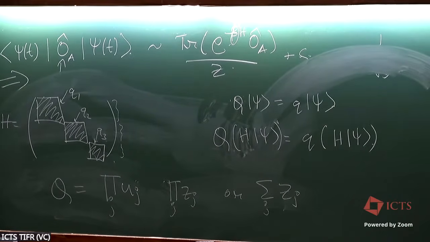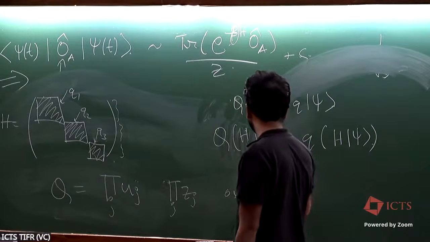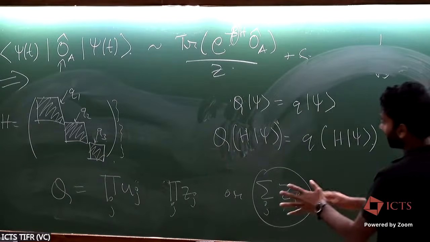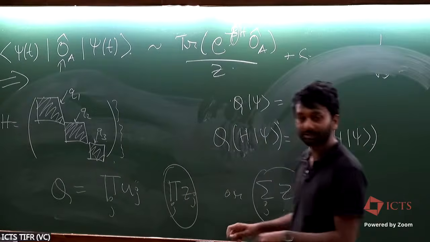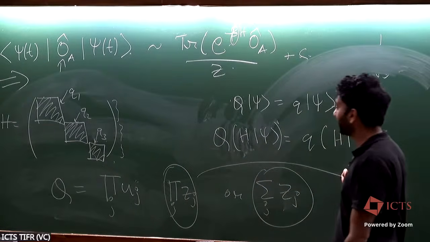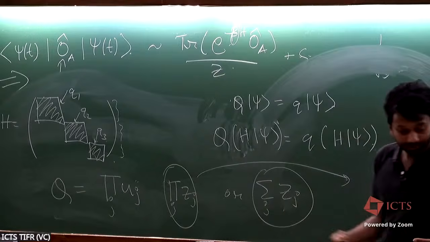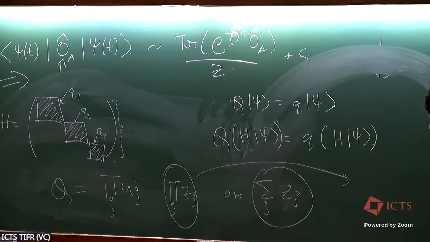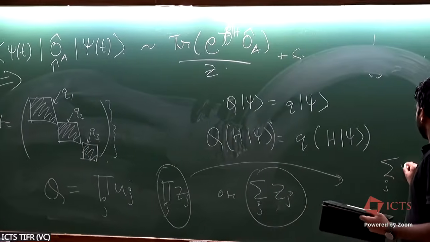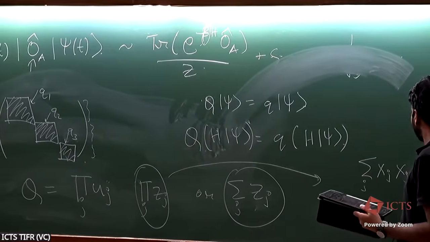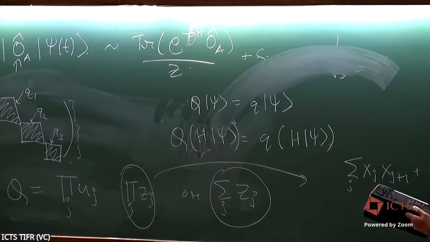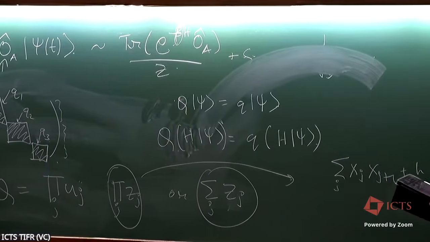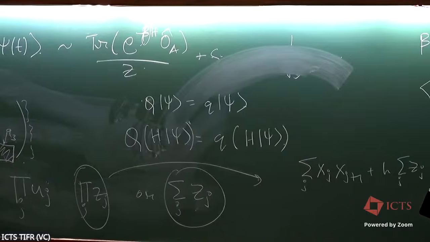Suppose I choose, I said that I should not choose the Ising model, but I gave an example of the Ising model. But you can easily imagine Hamiltonians which have a Z2 symmetry and are interacting. To give you a concrete example, it's something like a sum over X_j X_{j+1} plus h Z_j, and then you can add terms like Z_j Z_{j+1}.